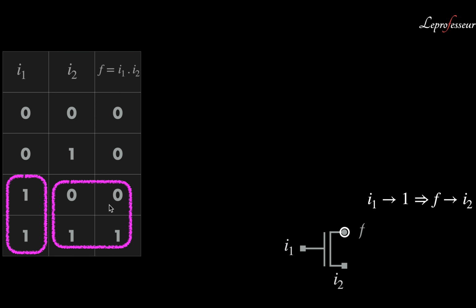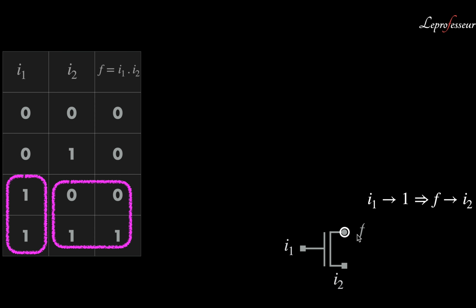So here, as you can see, we connect the gate to one of the primary inputs I1, and if we connect the I2 secondary input to one of the terminals and take the output from another terminal of the NMOS, then F will produce the value that is on I2.